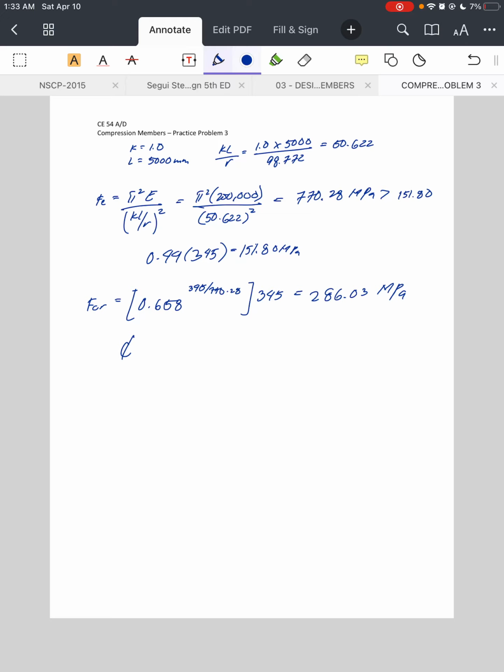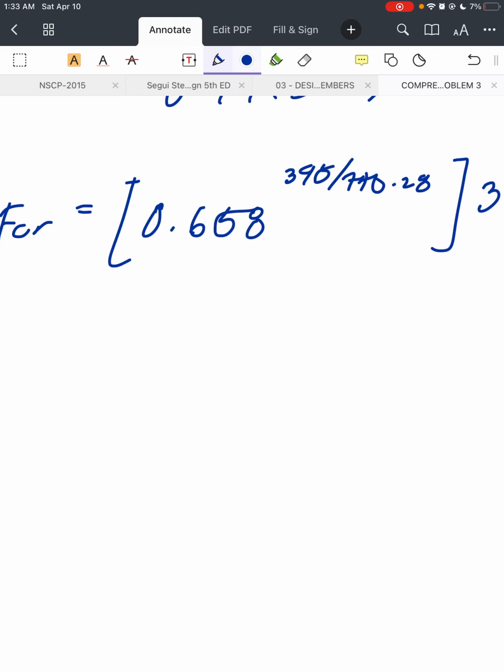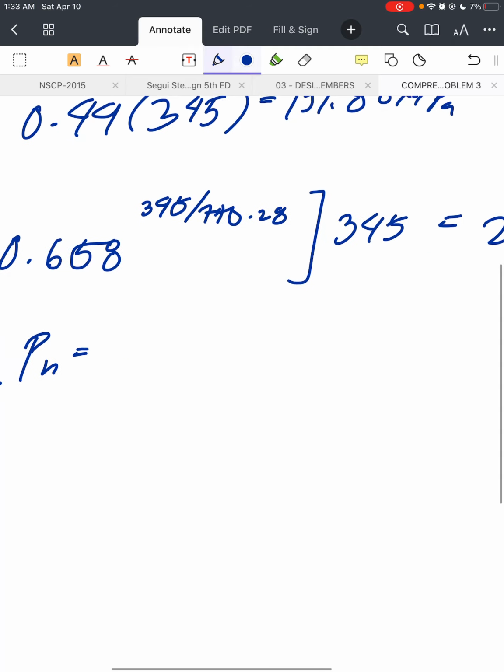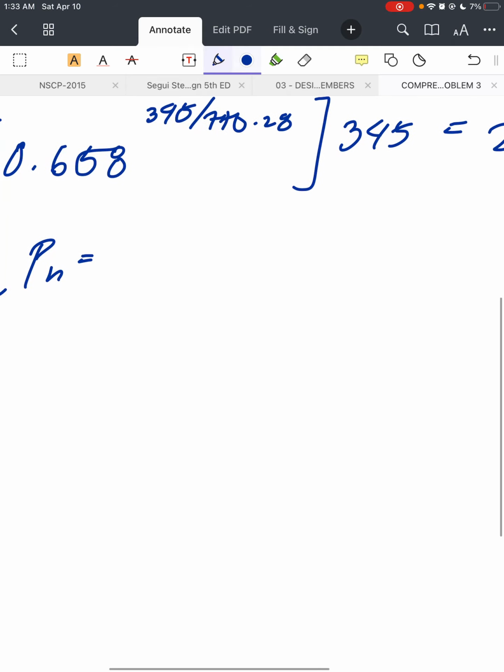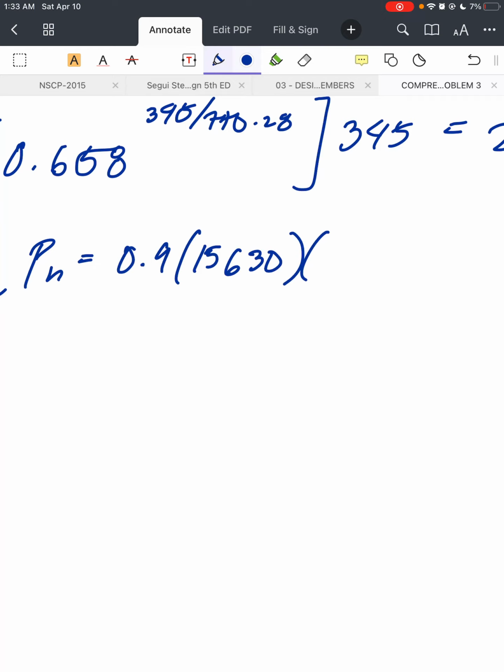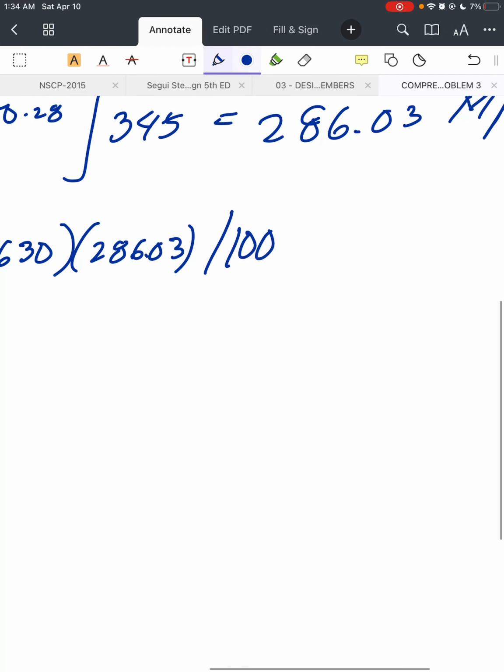Again, the instruction is to use LRFD. So your phi sub c times Pn is of course 0.9 times 15,630 times 286.03 over 1,000.